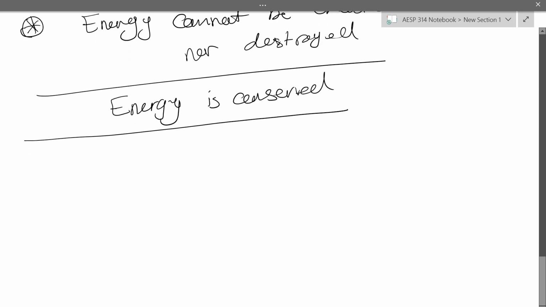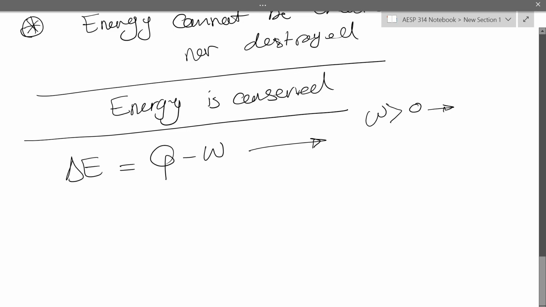In terms of the mathematics of it, we are going to represent the first law by this. The change of internal energy of a system is going to be heat transferred to the system minus work done on the system. Right? And just keep in mind that this is just a sign convention. The work is going to be positive if it's done on the system. And the work can be negative if it's done by the system.